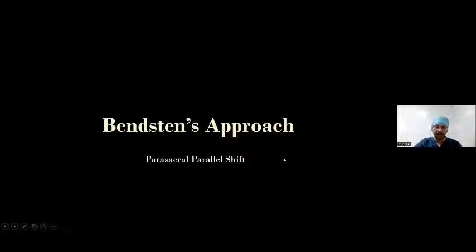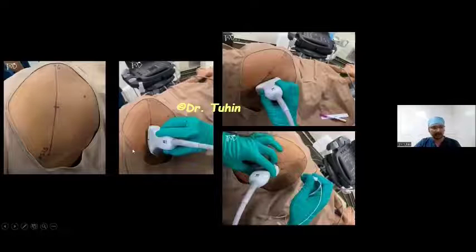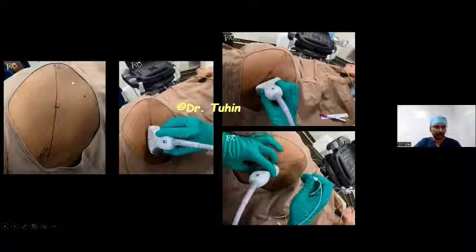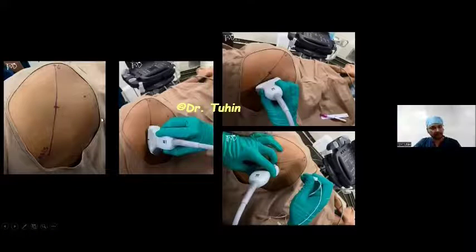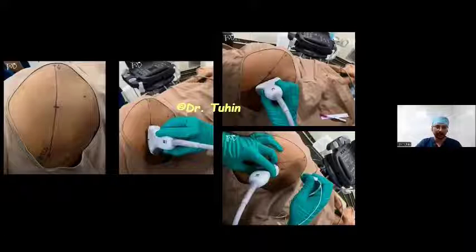In Bendstone approach, popularly known as the parasacral parallel shift, the midpoint of the posterior superior iliac spine and the greater trochanter is taken, and the ultrasound probe is placed on the medial half of this line. And then here you will again see the straight line, that is the ala of the ilium, and then scan caudally and medially.